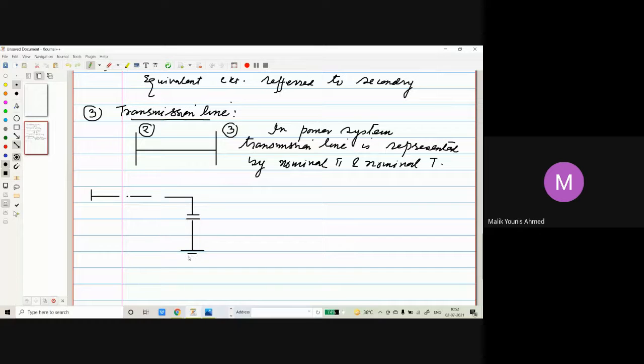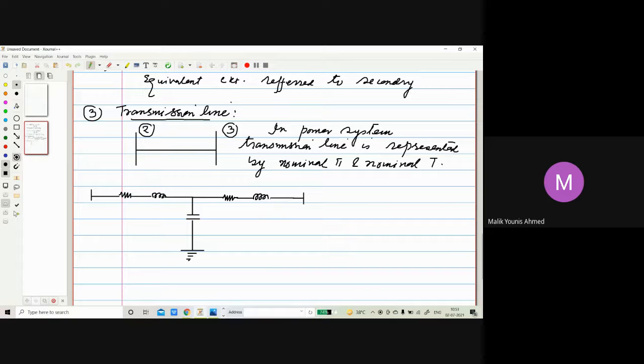Here it will be grounding. This is just revision. You know how to draw this. We have drawn this in power system 1. And this is again the reactance. So this is your resistance. This is your reactance. We are drawing the T model.